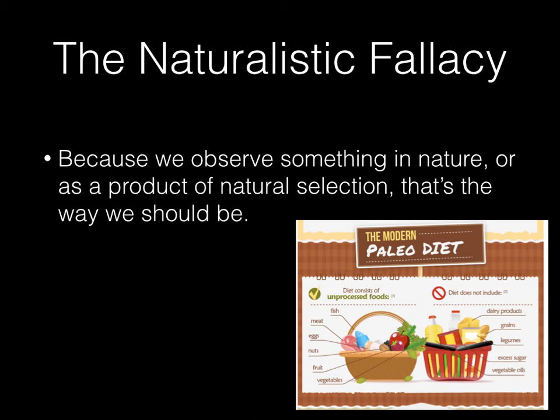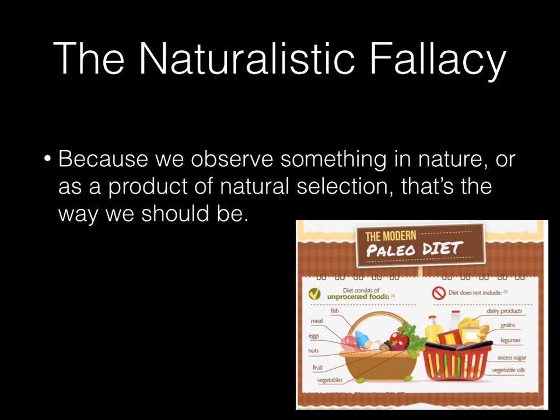Now, one of the things that we did discuss in this class is a gene culture coevolution that has produced a tolerance for lactose digestion as adults. And this means that eating dairy products is actually part of the human evolutionary history for some populations, but not all.